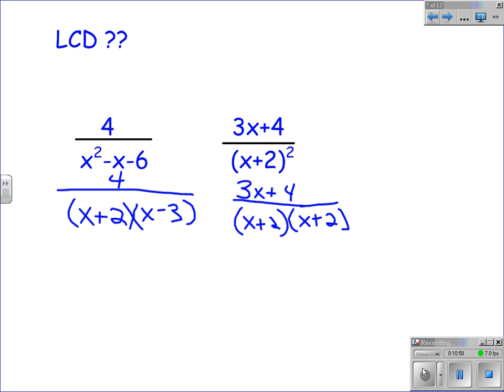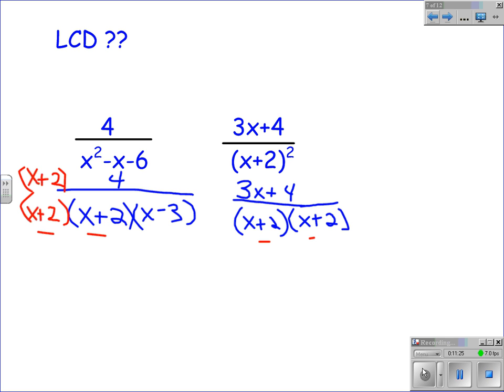This one over here, the first fraction, is greedy. It wants what it doesn't have in this denominator. So what are we going to multiply this first fraction by? Okay, Madeline? X plus 2. So I got to go up on top here, x plus 2. Now it has 2 x plus 2's, just like this one does.